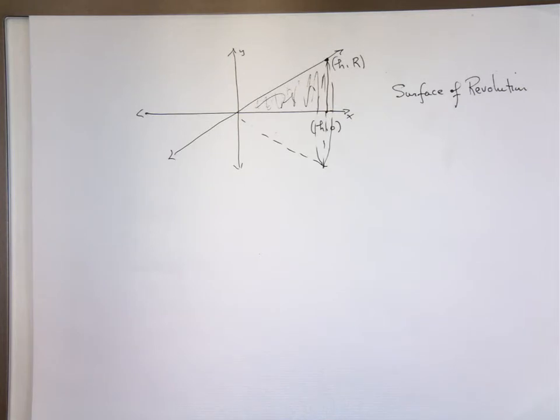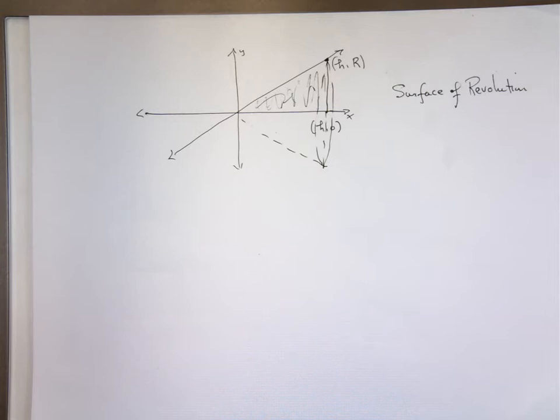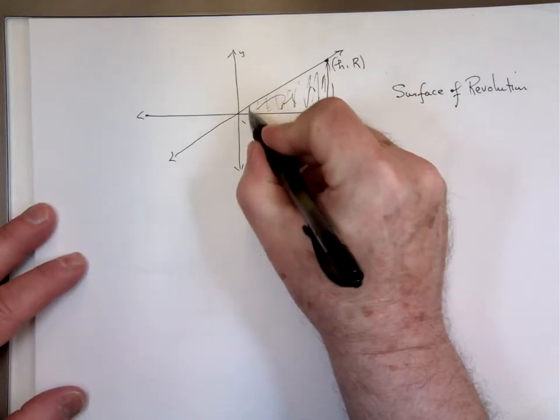So we're going to see if we can derive the formula for this right circular cone. Now, how are we going to do this? Well, we can get an approximate volume by dividing this interval up into rectangles, just like we did for area. We can divide this up into rectangles.